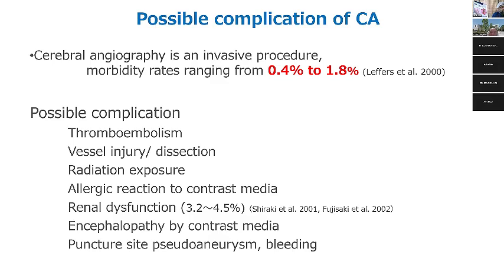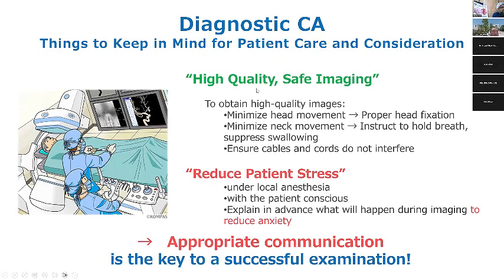do a very meticulous procedure, and another important thing is that communication with the patient is very important. We should get high quality images. We should do safe imaging, and in this situation, patient cooperation is very important. We explain to the patient what we are going to do, and we make good, appropriate communication.